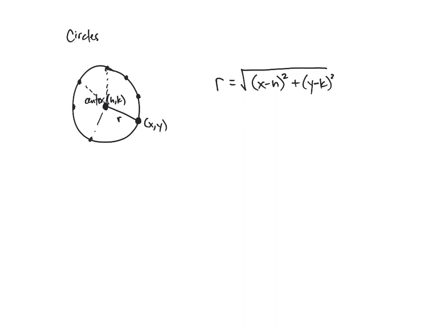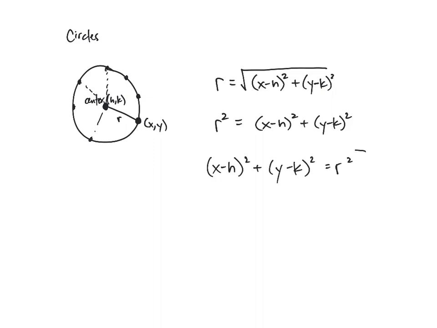If you square both sides, you get r squared equals x minus h squared plus y minus k squared. This is what we call the standard form equation of a circle. We'll just switch sides here, and that's how they get the equation of a circle.